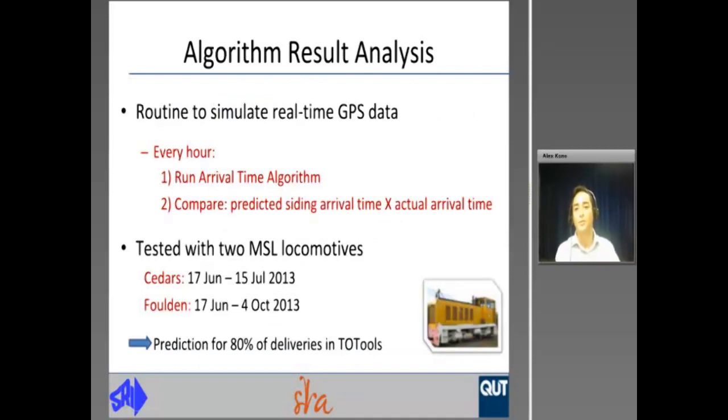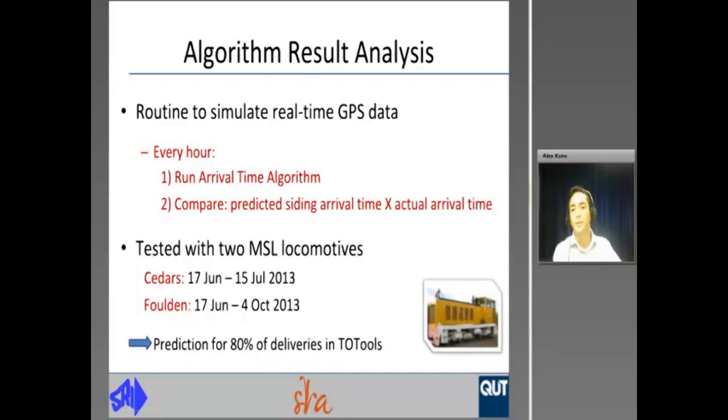So to check how good the prediction is, we implemented a routine that simulates real-time GPS data based on historical data. Then this routine, every hour, would run the arrival time algorithm and compare the predicted siding arrival time against the actual arrival time.